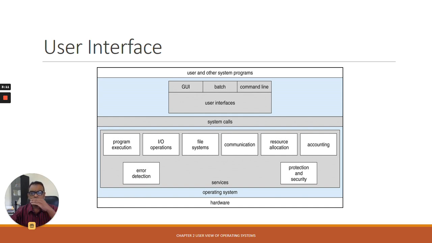Okay, so when the user creates or clicks on the user interface, automatically it makes a system call. That means something is going to trigger, and you can do program execution.